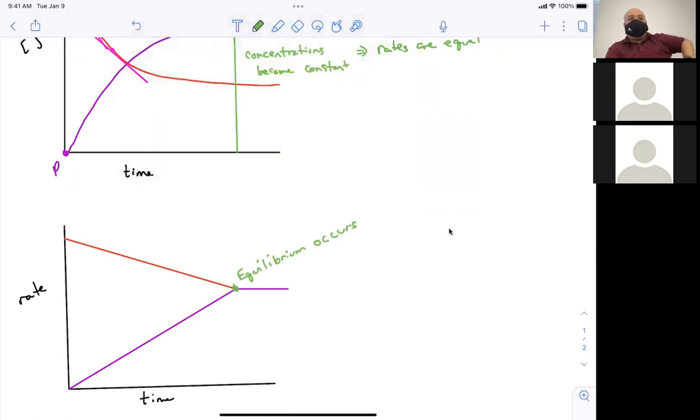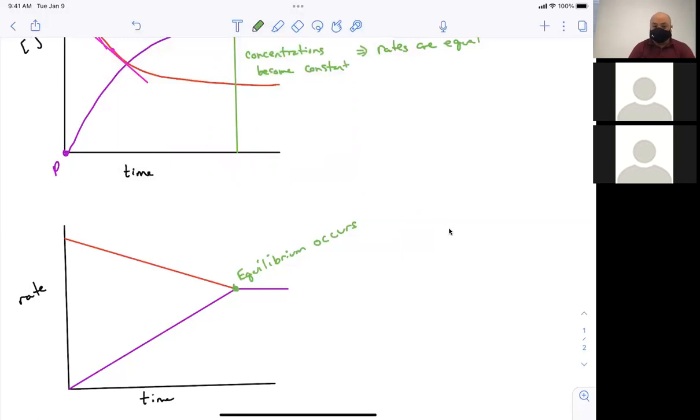Now, the part before you can have as lines or curves, whatever way you want. All that you really care about is the fact that they are going to merge and become one line at the equilibrium. Okay. So the slopes and the shape of the line before it merges is really not super important. Like if the IB is grading you on sketching this graph, they're just like, does the student show that the rates are equivalent?